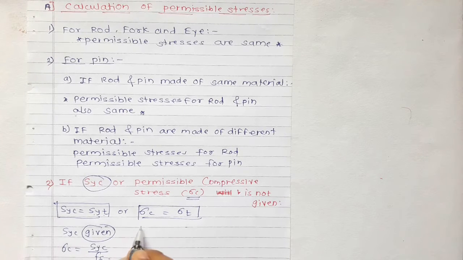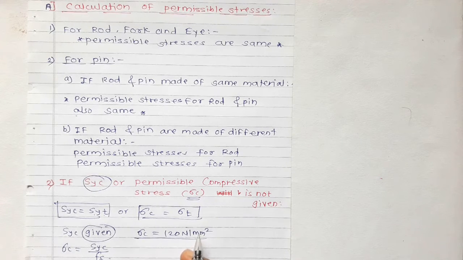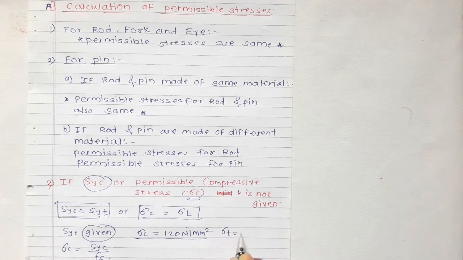Similarly, if the permissible compressive stress is directly given, like 120 Newton per mm square, then we have to use this given value. In that case, sigma C may be different and sigma T may be different.